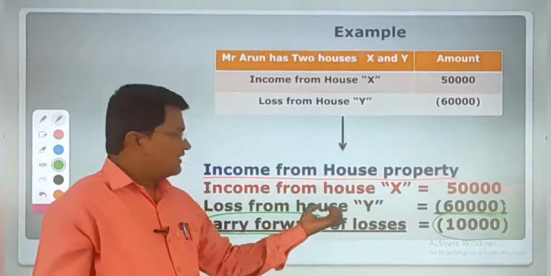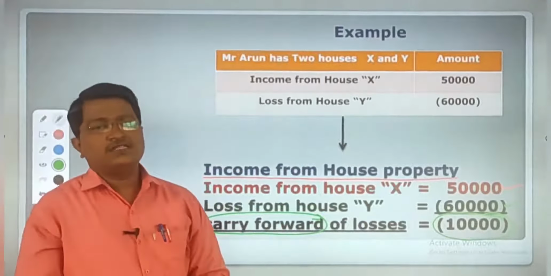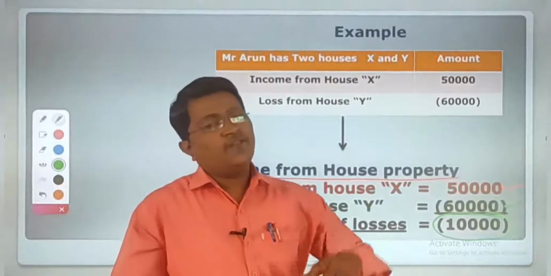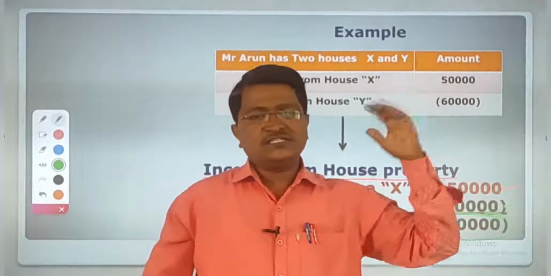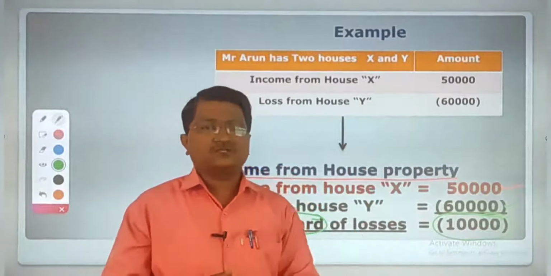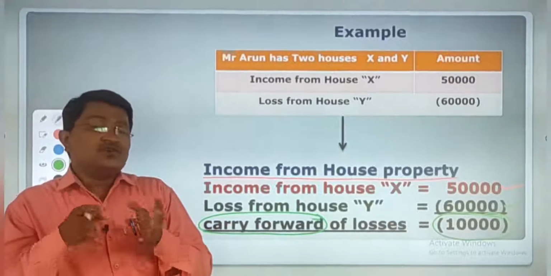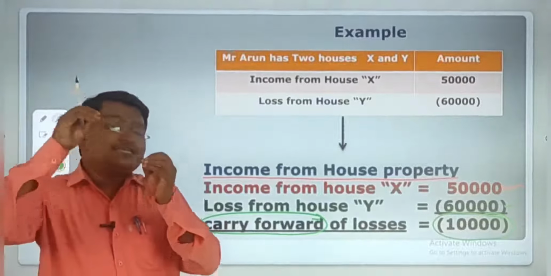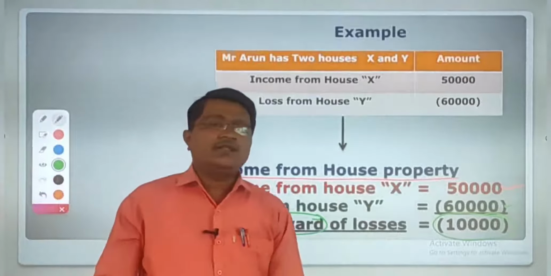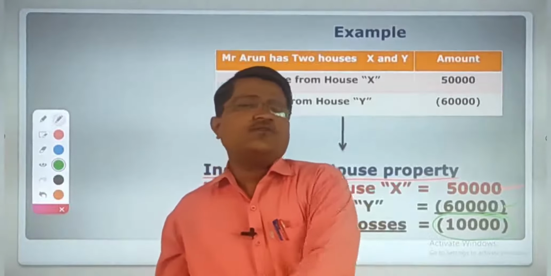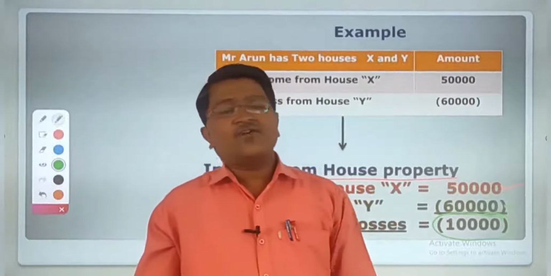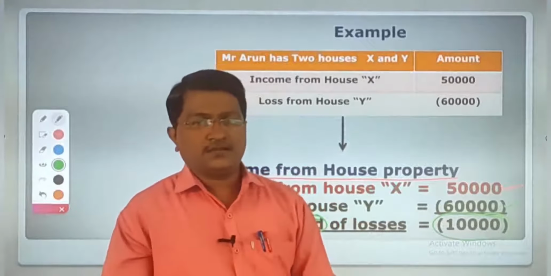This can be carried forward to a subsequent assessment year, and there we can adjust this loss. So if the loss is not possible to fully set off in the current year, then such loss we can carry forward for subsequent years, right?